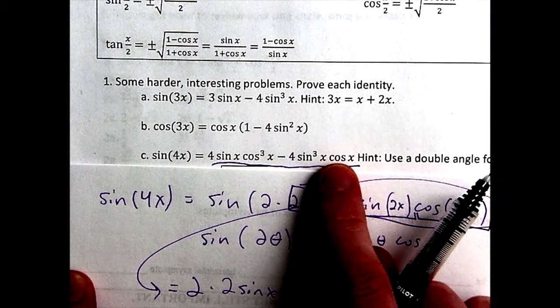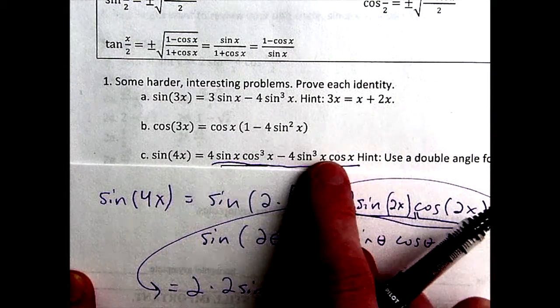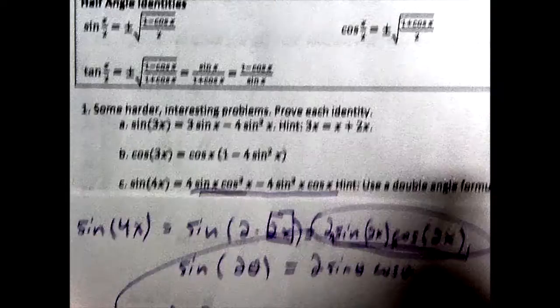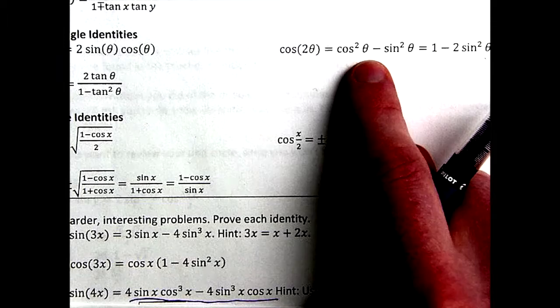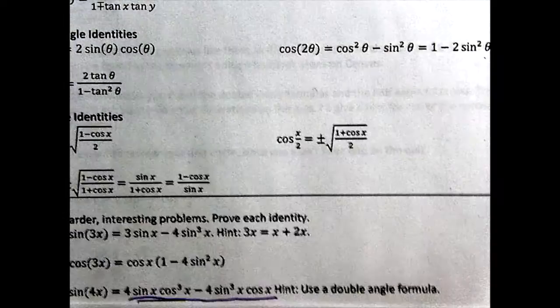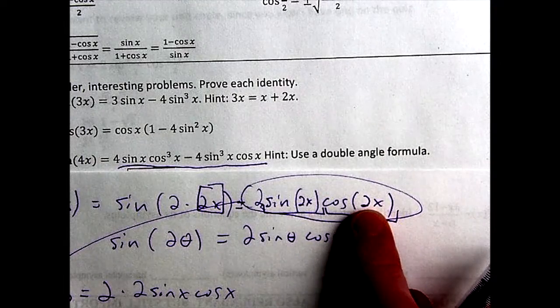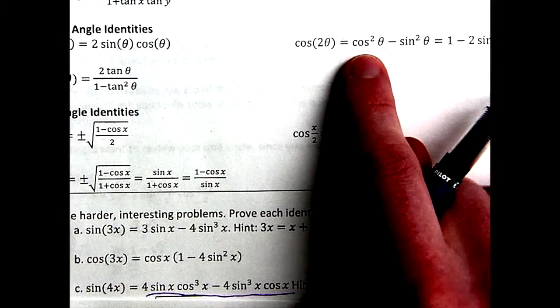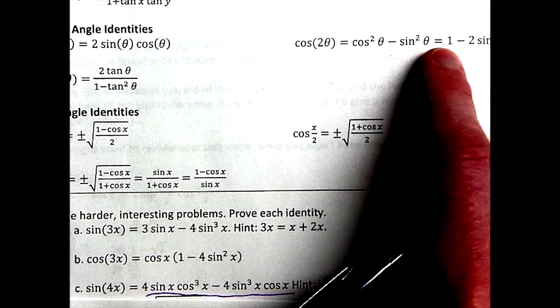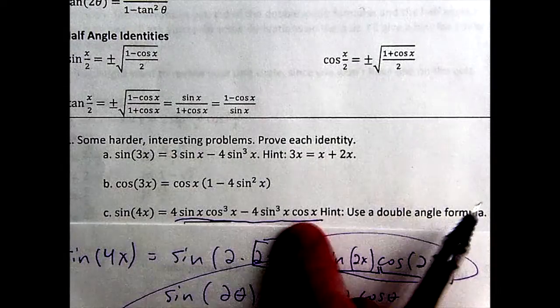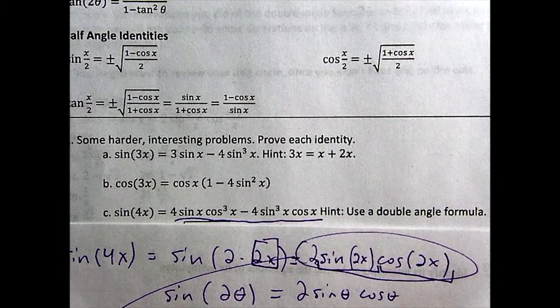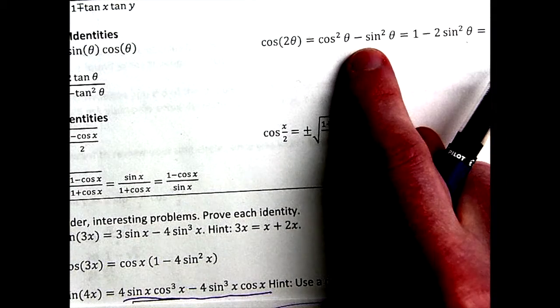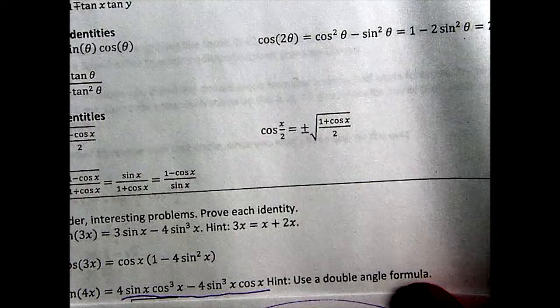But looking at what I'm trying to arrive at, I do notice that there are like sines and cosines floating throughout. Maybe I'll just try the first one. Maybe I'll just try replacing cosine 2x with this first formula, cosine squared minus sine squared, and just see what happens. And if I don't get the identity that I want, then maybe I'll go back and try one of the other cosine double angle formulas. We'll just see what happens.